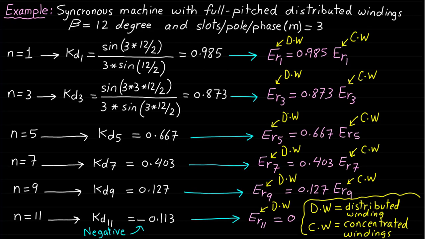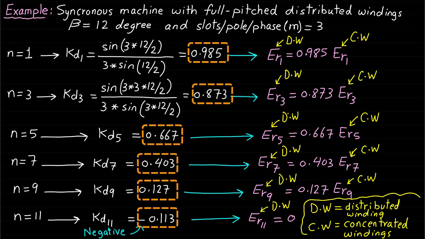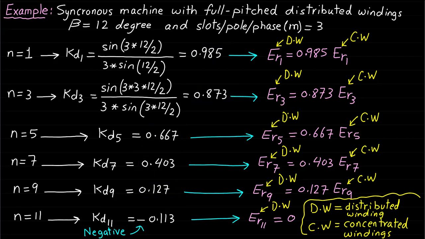From the result of this example, we can conclude a couple of important points. The first point is that the distribution factors or the reduction factors of the fundamental and all harmonic components are less than 1. Also, we can notice that the fundamental component has largest distribution factor comparing with the distribution factors of the harmonic components.